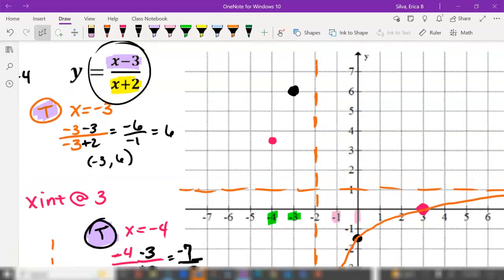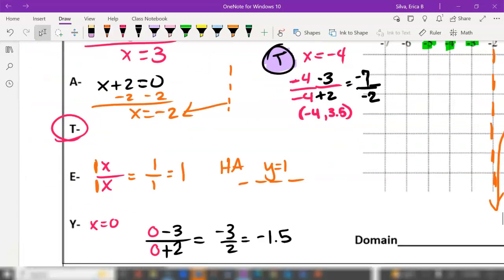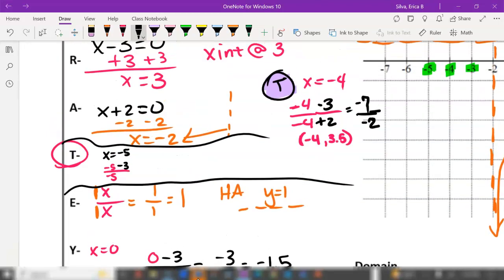And to me, that just does not give me enough points to do a nice curve. So I'm going to do another test point at negative 5. Let's see if it fits. So x equals negative 5. So we've got negative 5, and then we're going to subtract 3 in the numerator and add 2 in the denominator.